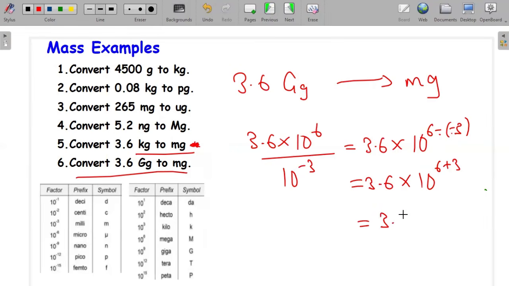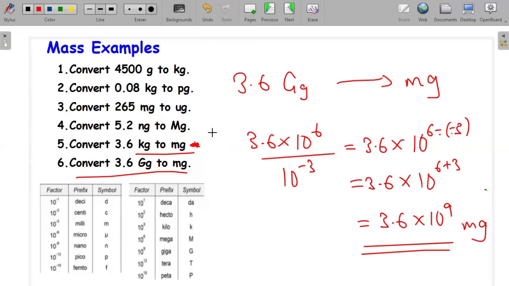So this will be 3.6 times 10 to the power 9. That would be milligrams now. So 3.6 gigagrams is the same as 3.6 times 10 to the power 9 milligrams. Okay. All right. Any questions there?